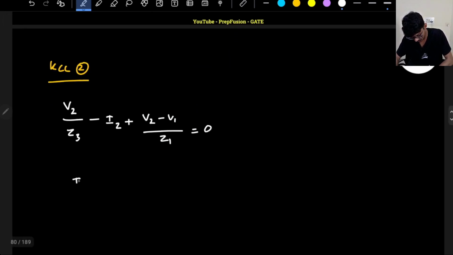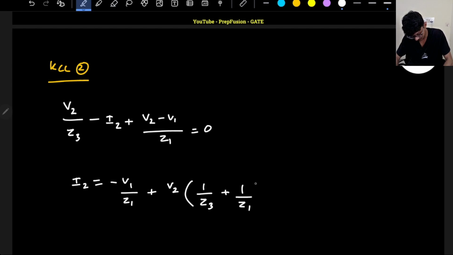So I2 is equal to minus V1 divided by Z1 plus V2 times 1 by Z3 plus 1 by Z1.